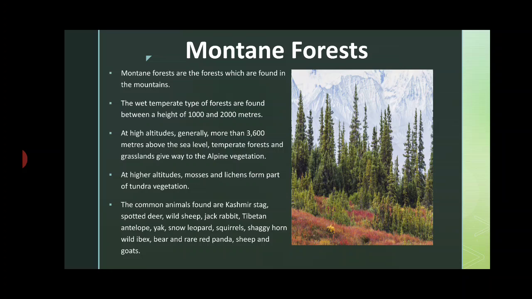These are used extensively for grazing by nomadic tribes like the Gujjars and the Bakarwals. At higher altitude, mosses and lichens form part of tundra vegetation. Animals found in these regions are Kashmir stag, spotted deer, wild sheep, jackrabbit, Tibetan antelope, yak, snow leopard, squirrel, shaggy horned wild ibex, bear and the rare red panda, and sheep and goat with thick hair.